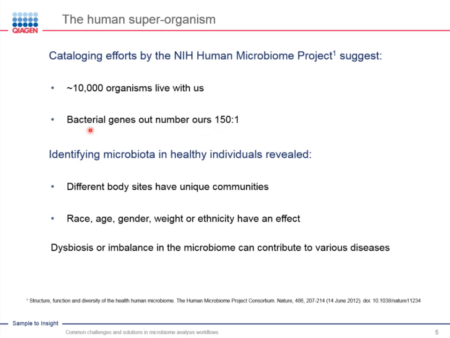The different microbiota on your body can now be revealed due to better technologies, and they show that they have an effect not only on us, but that also our age, our gender, our weight, or our habits, like dietary habits, have an effect on the microbiome. So it's a balance, and it's a back and forth between us and our microbiome.